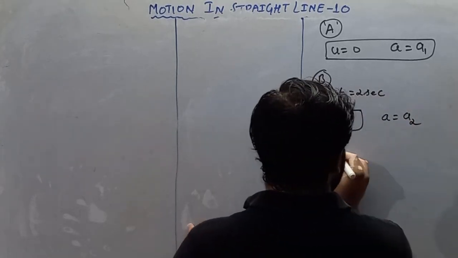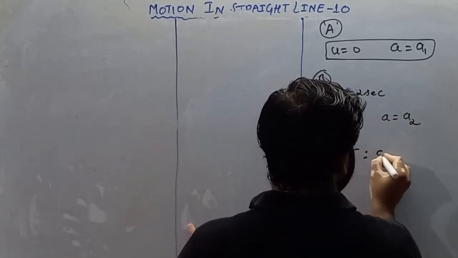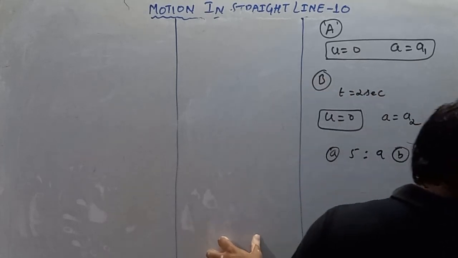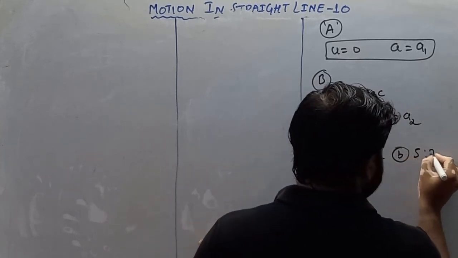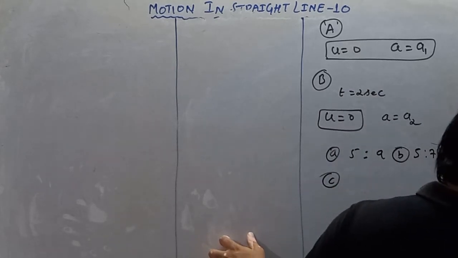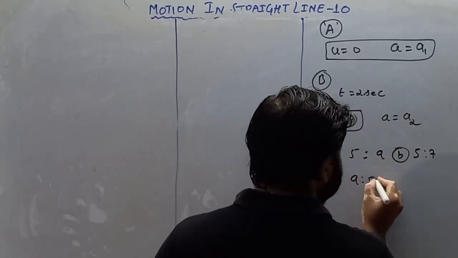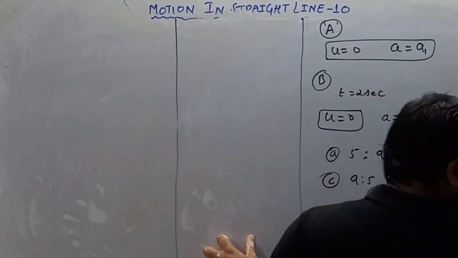Options are given. A option is 5:9, B option is 5:7, C option is 9:5 and D option is 9:7.